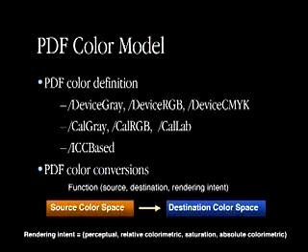In PDF, color is defined by one of the known color spaces: device, calibrated, or ICC based. As you can see, this list reflects in essence the history of color management. Initially, only device color spaces were supported. As we can say from today's perspective, those merely provided a classification of different process color models.